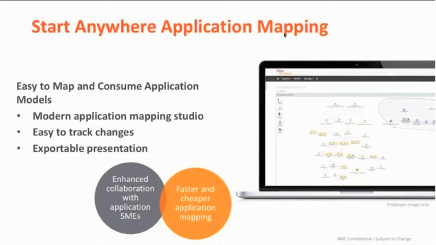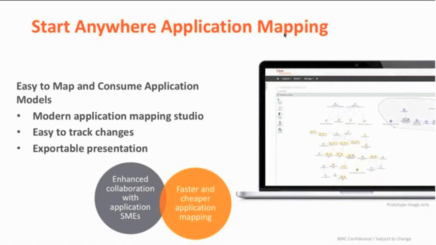So again, it's as simple as being able to go into the application studio, dragging a circle around those devices or those things that you believe to be part of that application service, and defining the model name for that. And again, there's different visualizations that we take advantage of within the product. We can switch the visualization to a hierarchical impact, so we can see what it's going to look like when it gets into the CMDB and things of that nature.